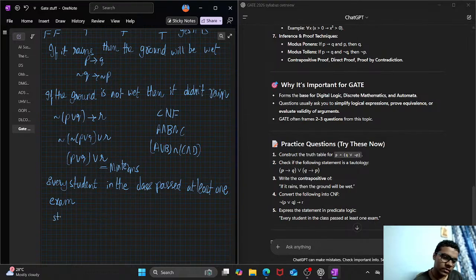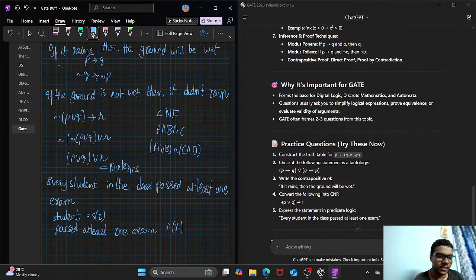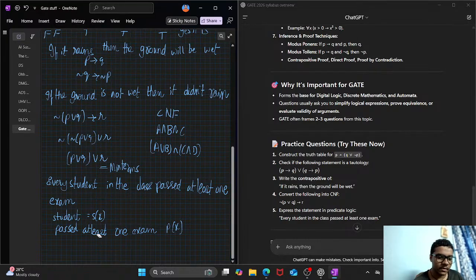So student, let's say s of x, passed at least one exam. So p of x, passed exam. It's not at least one, you can say passed one exam.